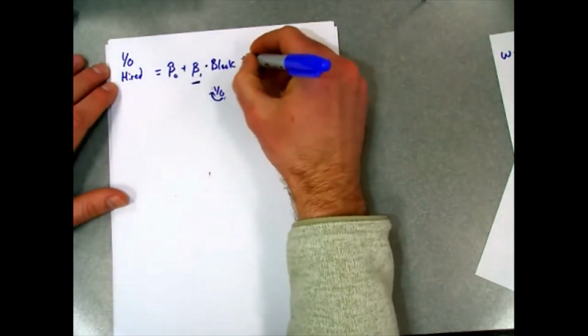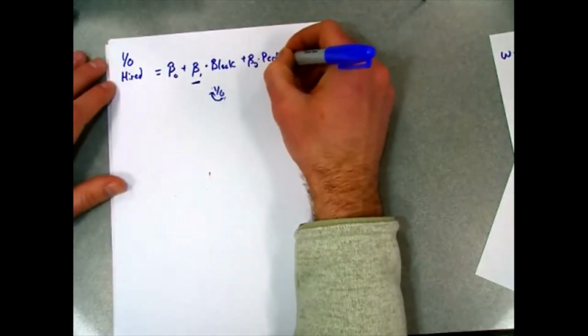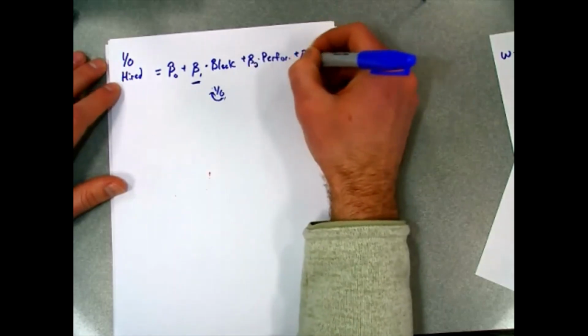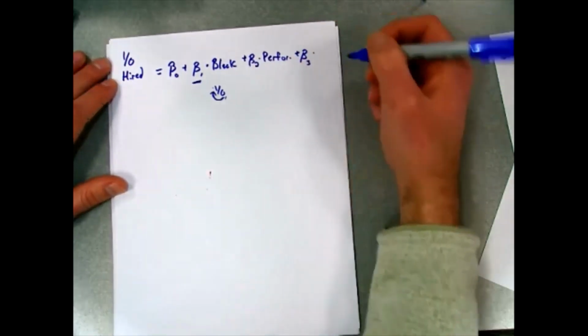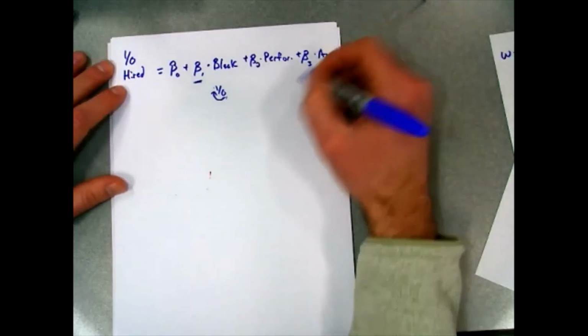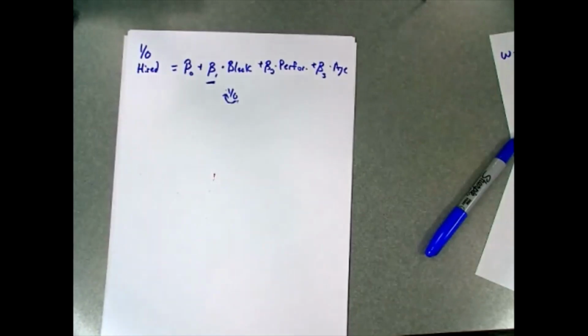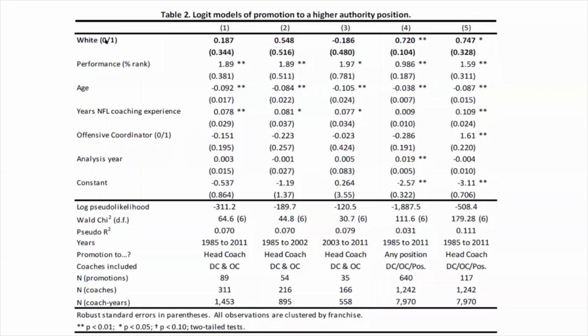And then we add in a bunch of controls. We try to get performance measures of that coach in terms of how they're performing in their current position. Maybe we include age, and a whole bunch of different controls there. So that's the kind of regression equation we're looking at. Here they've bolded the variable they want you to pay attention to.